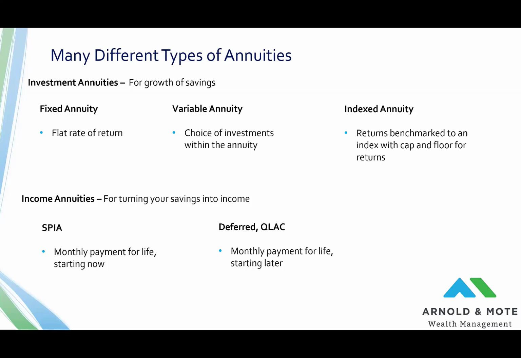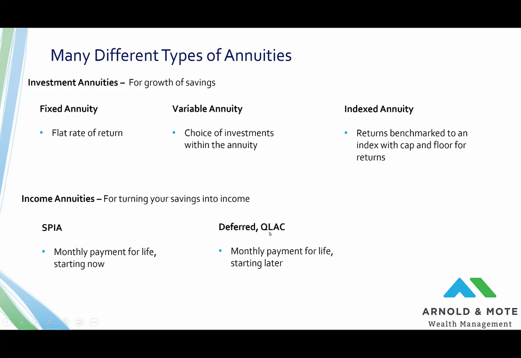But just to give you a very brief overview of the many types of annuities that are out there, I think of annuities as two different categories. There's income annuities, and these are the classic sense of just turning over a pile of money and getting income for life, that monthly payment for as long as you live. The really popular types of these income annuities are SPIAs, or single premium immediate annuities, or a wide range of different types of deferred annuities.